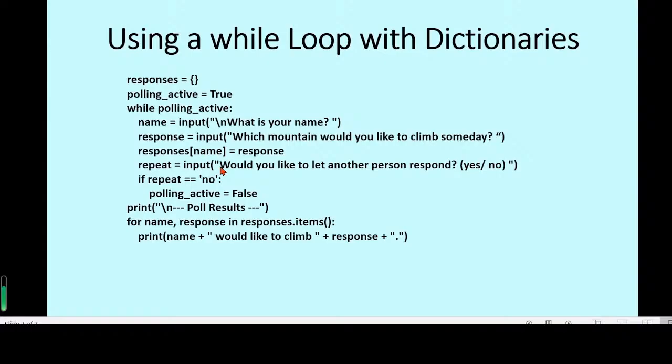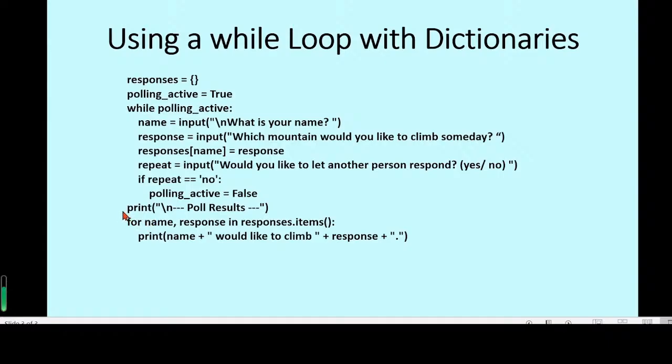This process continues until the user enters no in the repeat input. If the user enters no, then the polling_active flag will be False. So back at the while loop, the condition fails, and the while loop stops.